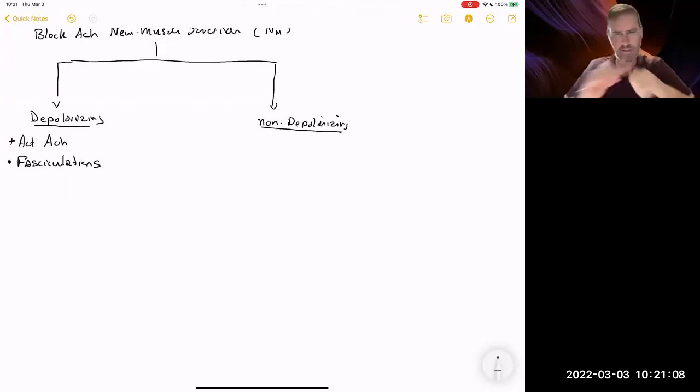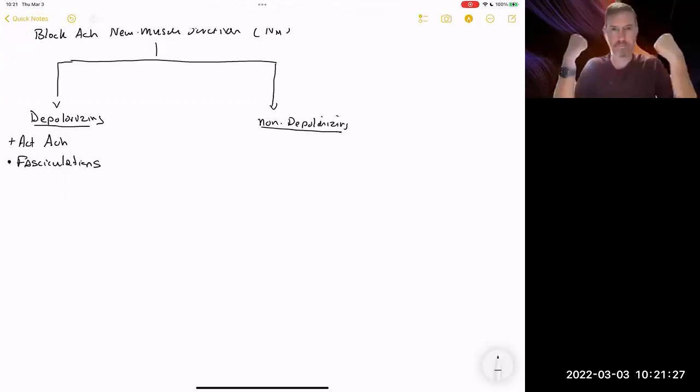It attaches, it acts like acetylcholine. You have a continuous signal for depolarization. The muscles fasciculate, and as you have that sustained effort, like you're lifting weights, what eventually happens to your muscles? They just fail. They just quit working on you.